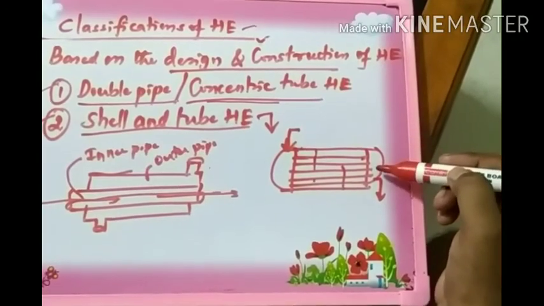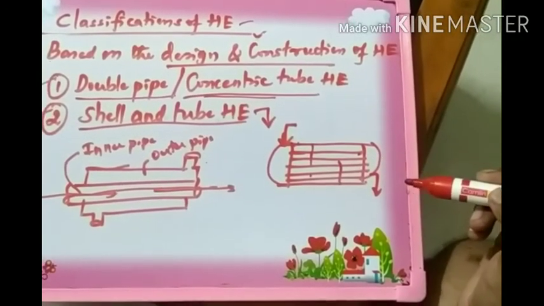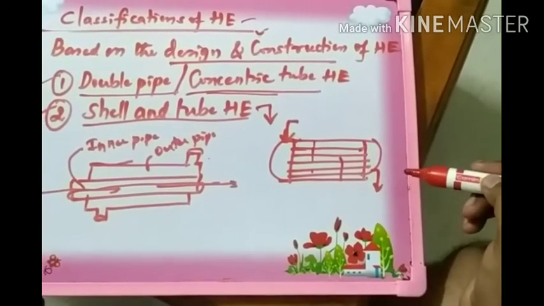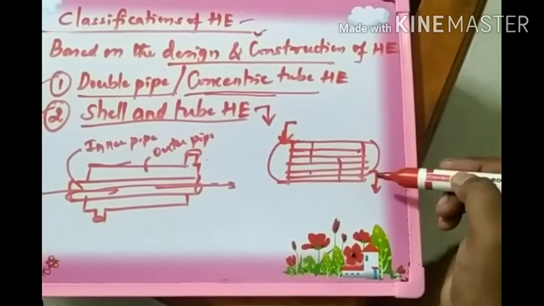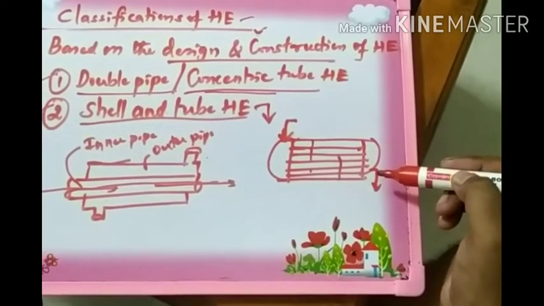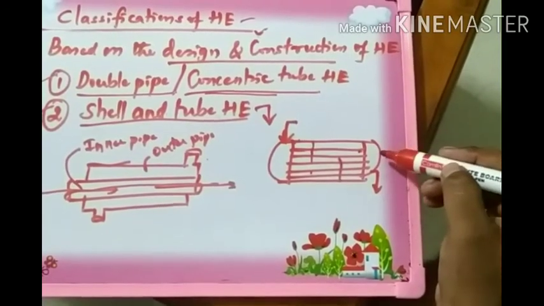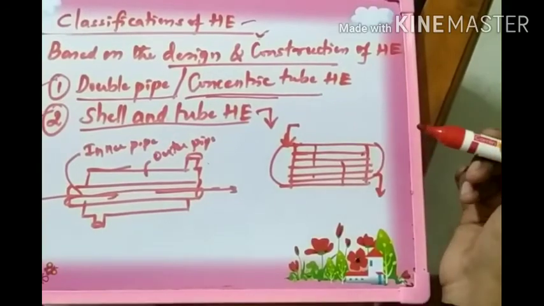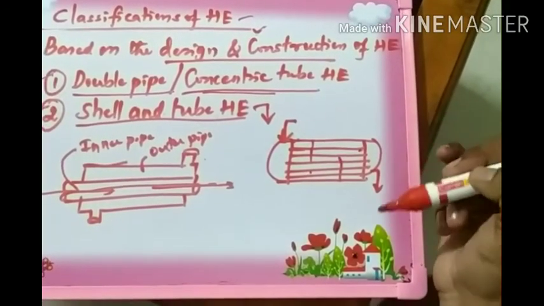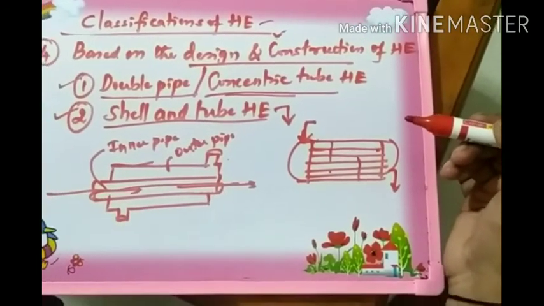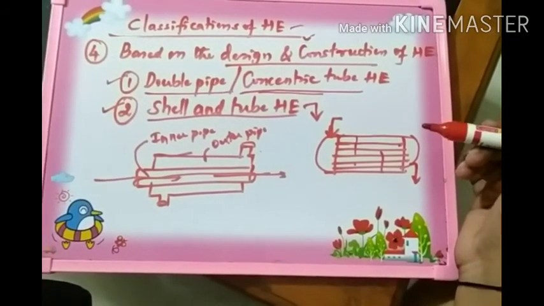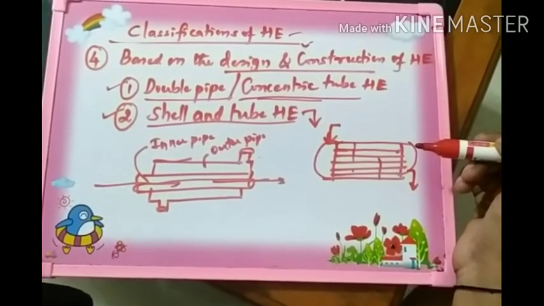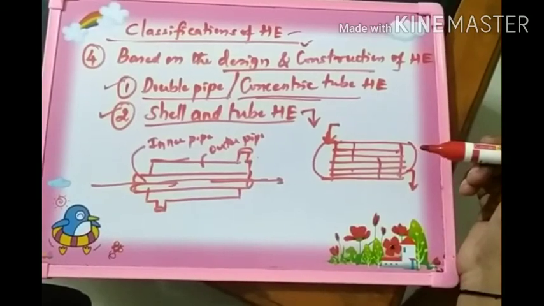I hope you understand this. I repeat again. The hot fluid is made to flow inside the tubes of a heat exchanger, whereas the cold fluid is made to flow in the shell of the heat exchanger, which contains the tubes. Thereby they exchange the energy. Such types of heat exchangers are called shell and tube type of heat exchangers.